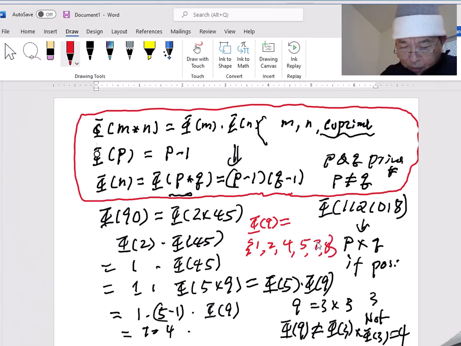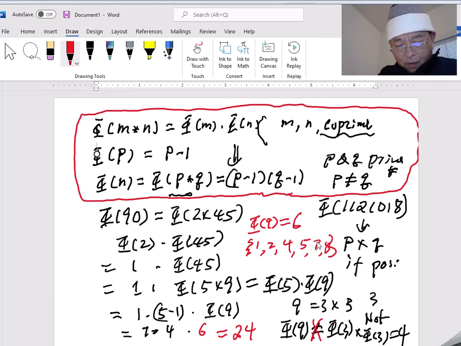Any more? So there are 6 numbers relatively prime to 9, therefore it equals 6, not 4. So 4 times 6 is 24.